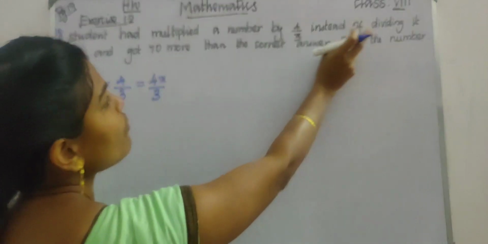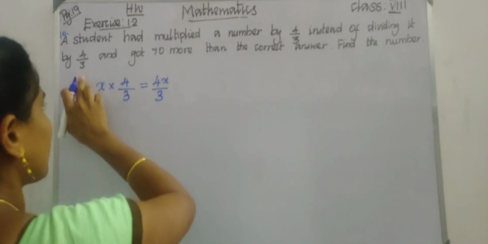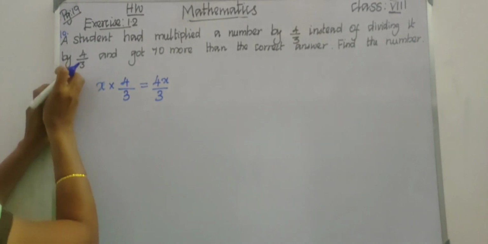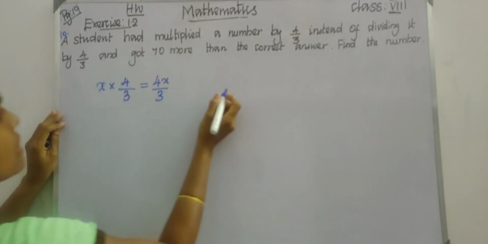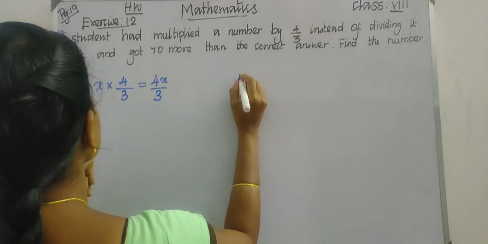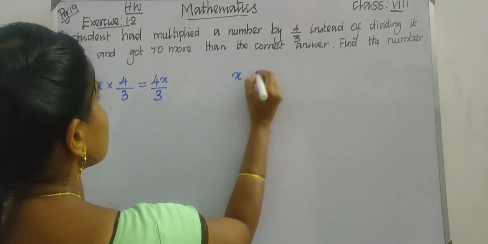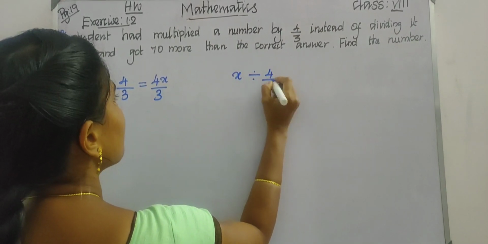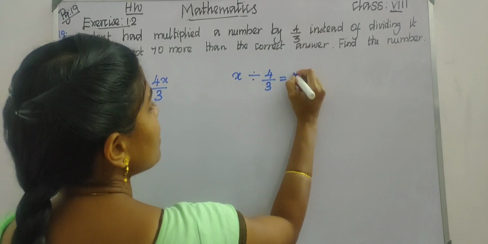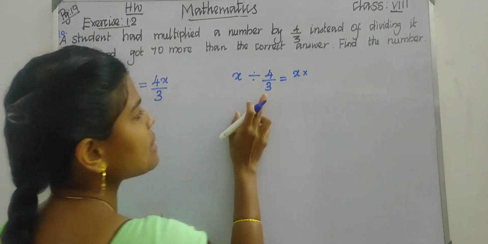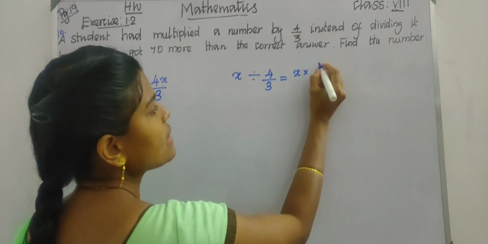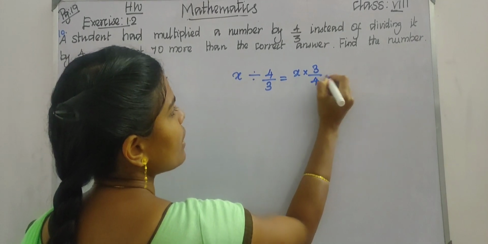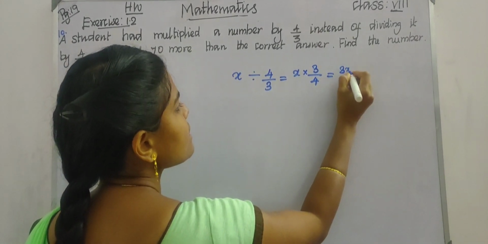So instead of dividing it by 4 upon 3, they had multiplied, okay, so they should do x divided by 4 upon 3, that is x into reciprocal of 4 upon 3, which is 3 upon 4, right? So that is 3x upon 4.